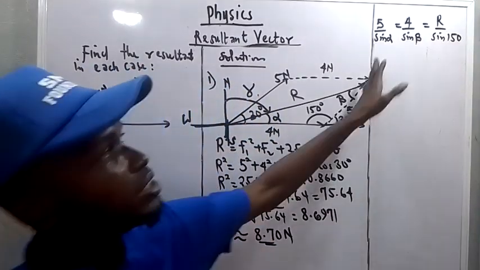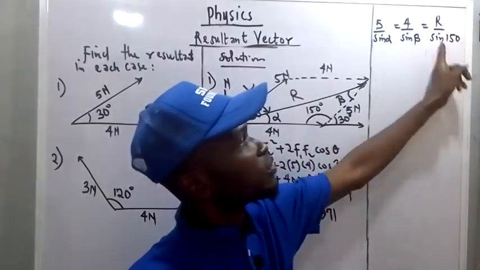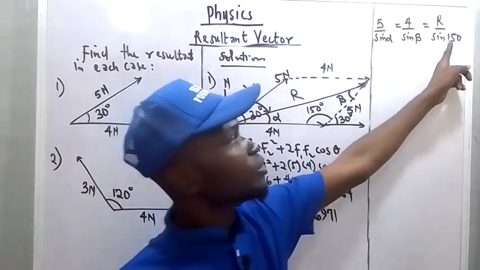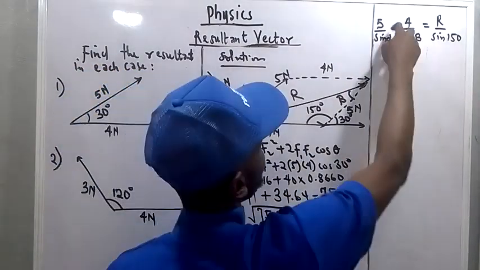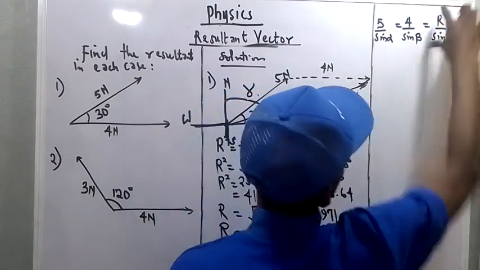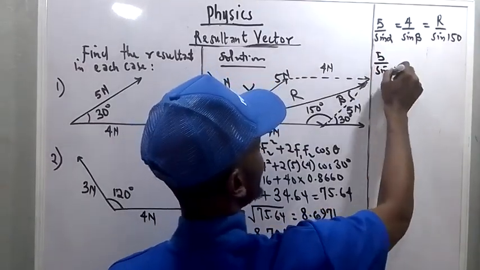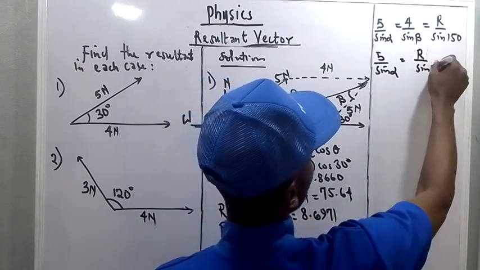Now, if we look at this relation, we will see that this will not give us problem because we already know our resultant and we know 150. So these are completely known terms. But there is an unknown here, there is an unknown here. Let's use this and this together as 5 all over sine alpha equal to R all over sine 150.